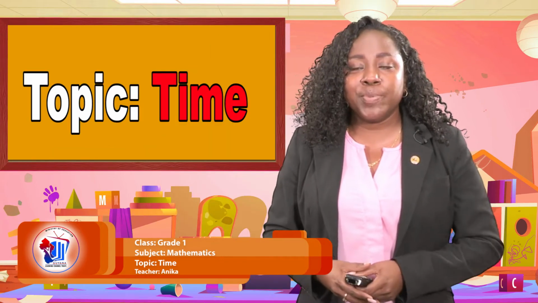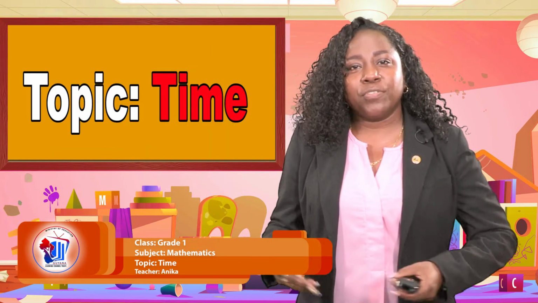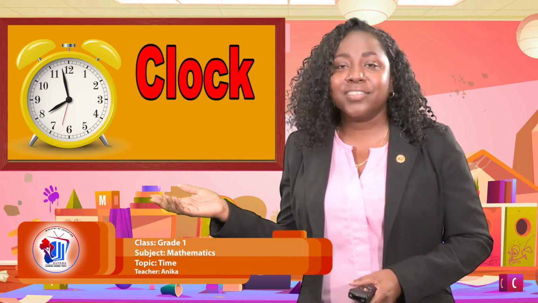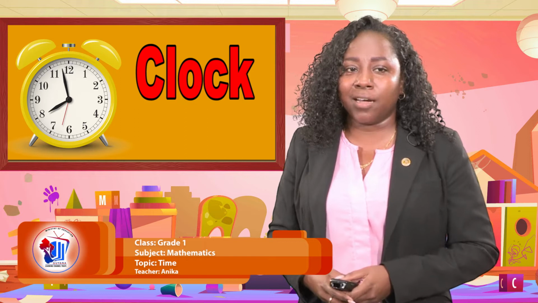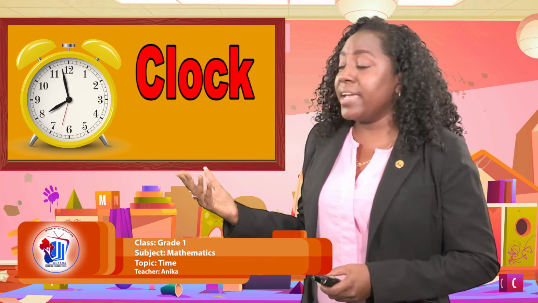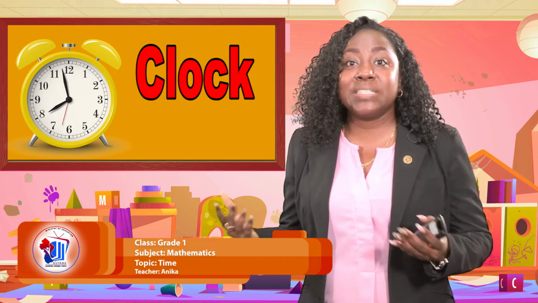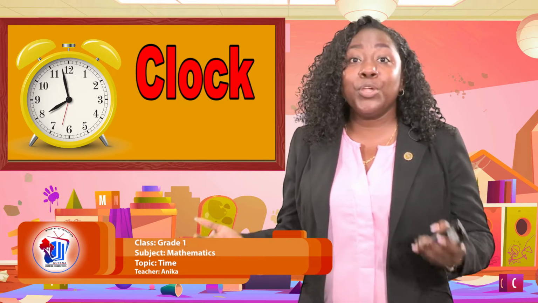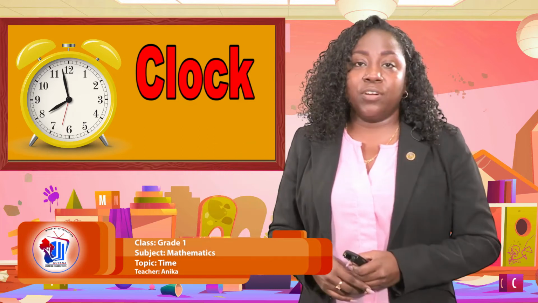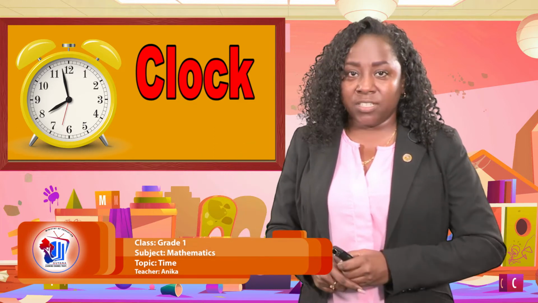Today, we are going to be looking at time. Now, in order for us to look at time, we'll need a clock. Yes, we are going to need a clock. Now, we measure and define what time of day it is by using a clock. That's how we know what time it is during the day. A clock in general has 12 numbers written on it.